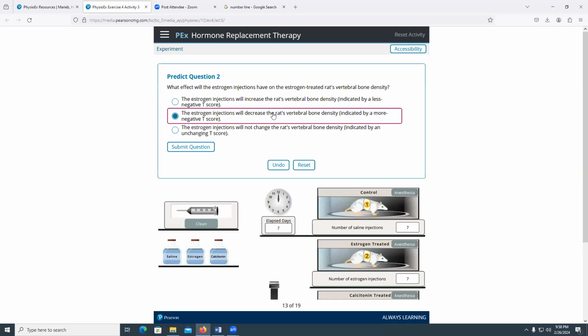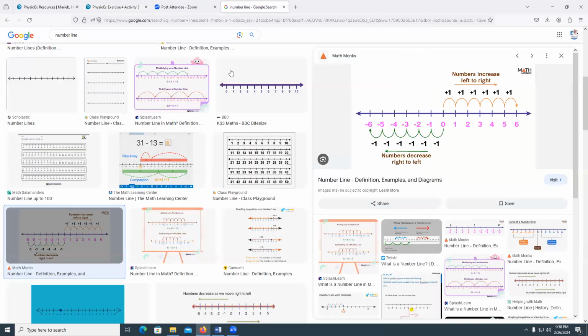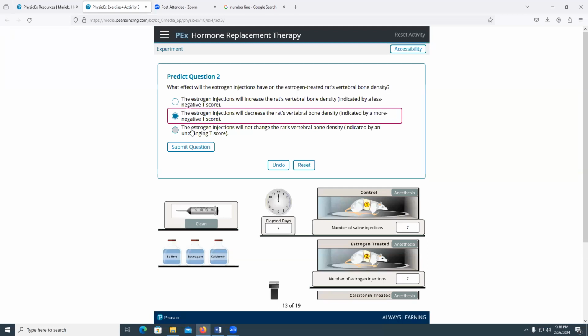We don't want a more negative T-score. More negative means we are on this side. So we are less negative. So the estrogen injections will increase the rat's vertebral bone density, so that means it will improve things, indicated by a less negative T-score.